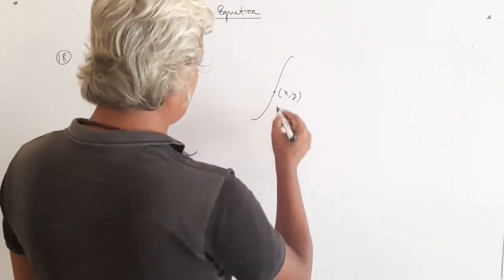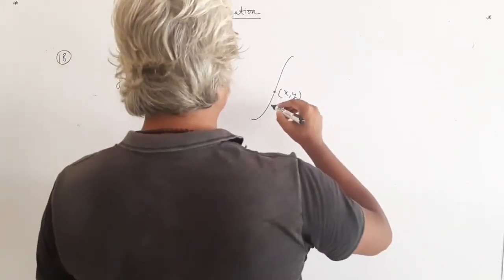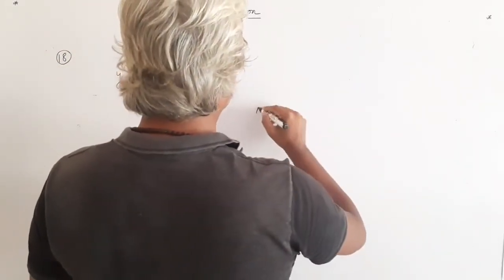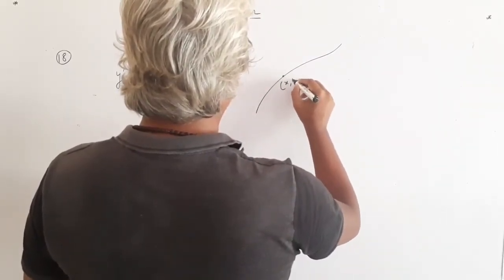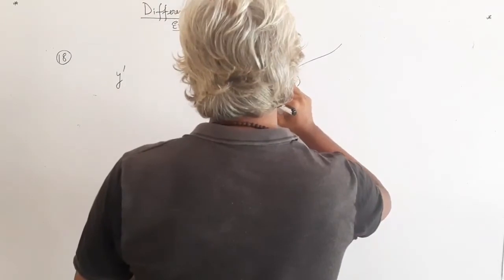So this is the point of contact. Let me reshape the curve something like this. So this point is (x, y), and there is a tangent.